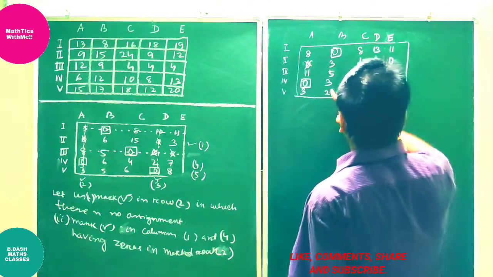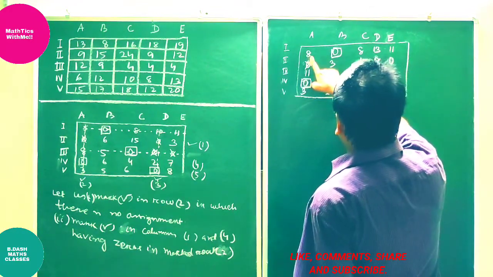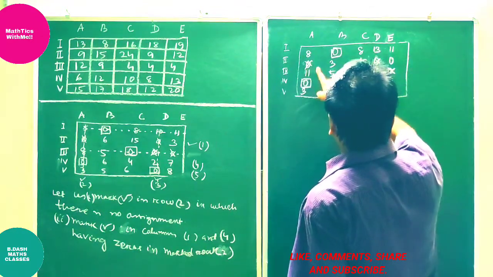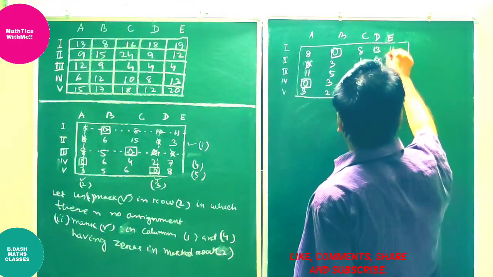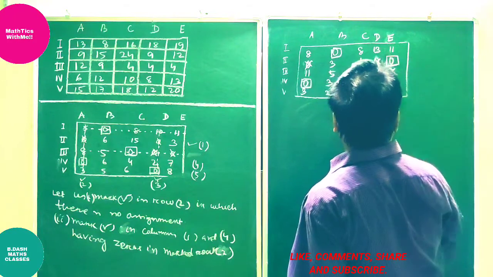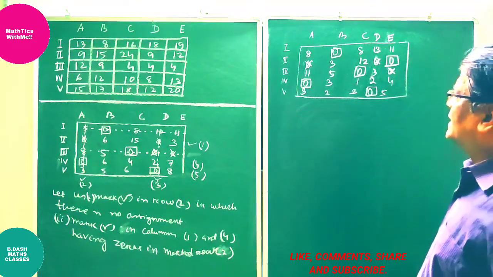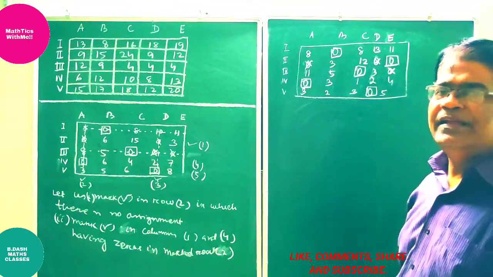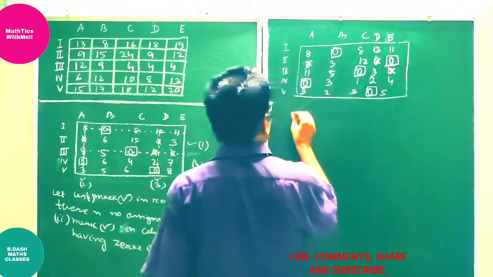So now first 0 assignment row wise, so we can have a single 0, so we'll have this assignment now. So here we are getting assignment in each and every row and each and every column.